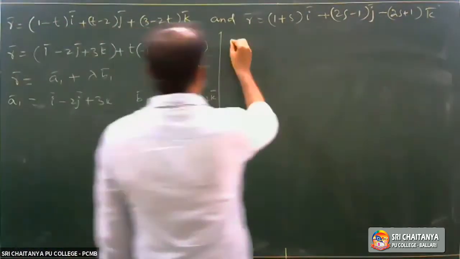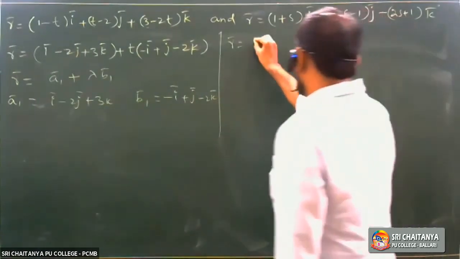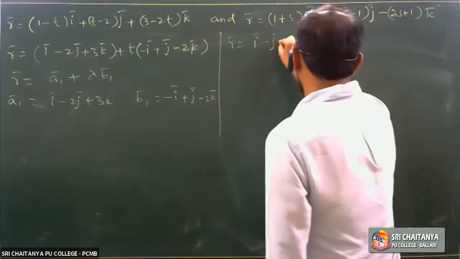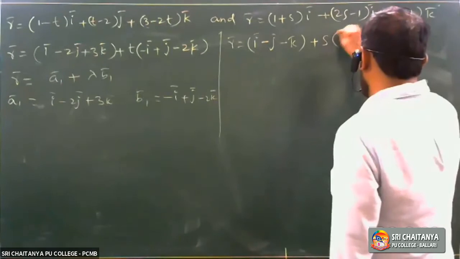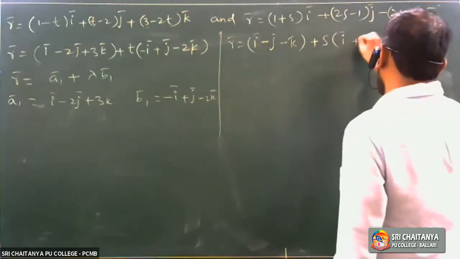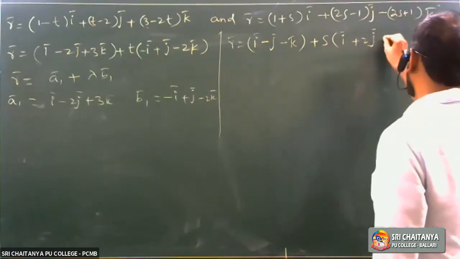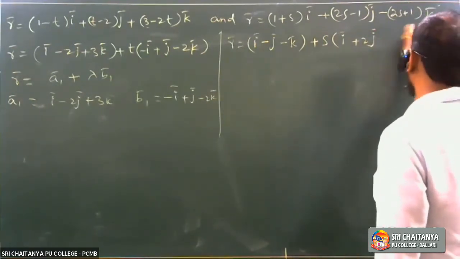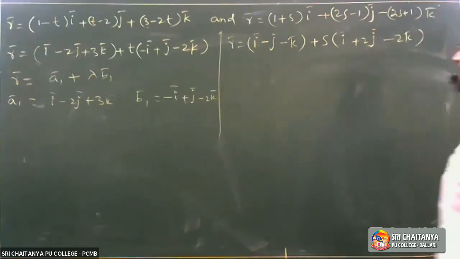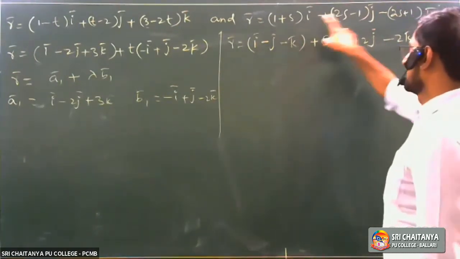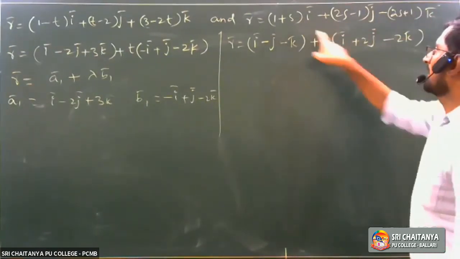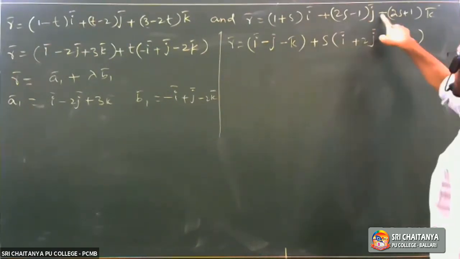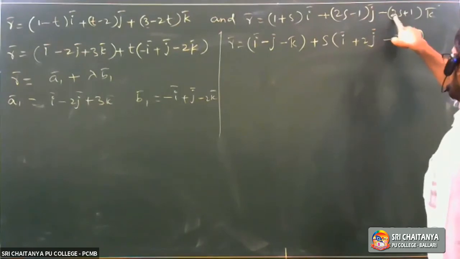Next, you can write this one as r bar is equal to i minus j minus k plus s common i plus 2j minus 2k.